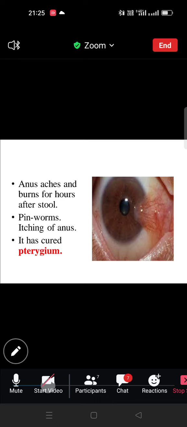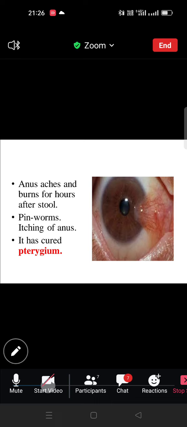If you are finding splinter-like pain and there is a linear crack over the anus, meaning a fissure, and the patient says, doctor sahab, it feels like someone is pricking a needle in the anus, then you can blindly prescribe Nitric acid and it will work, because I have prescribed it to so many patients and they got relief.